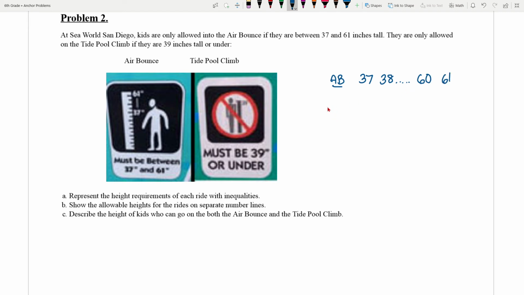So what we need here on this number line is an inequality that goes in between 37 and 61, and we're going to have the numbers shaded in because 37 and 61 are both true, and we're just going to shade in between here.